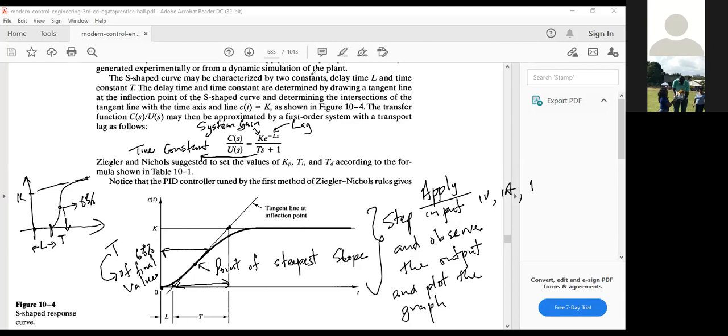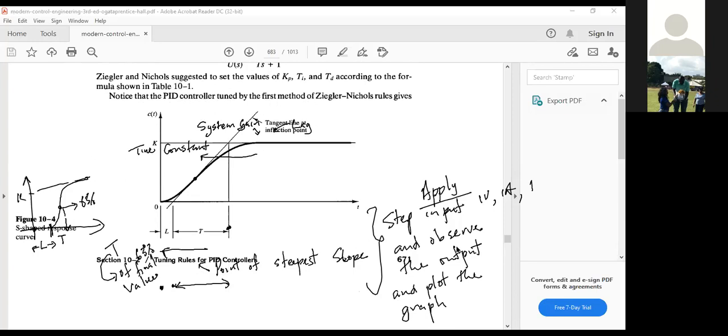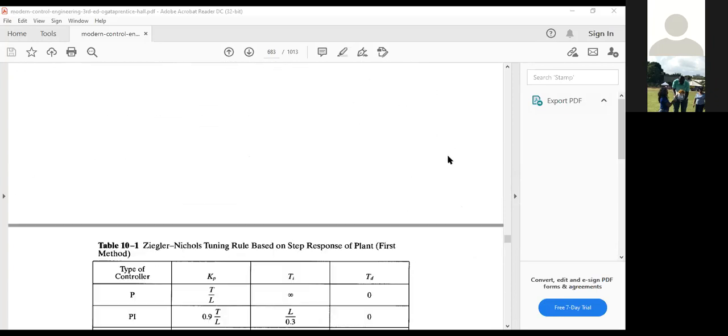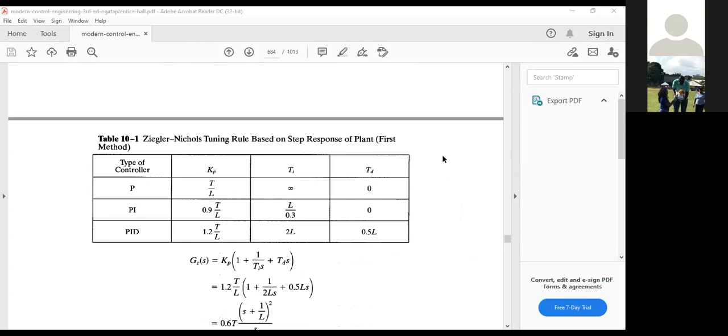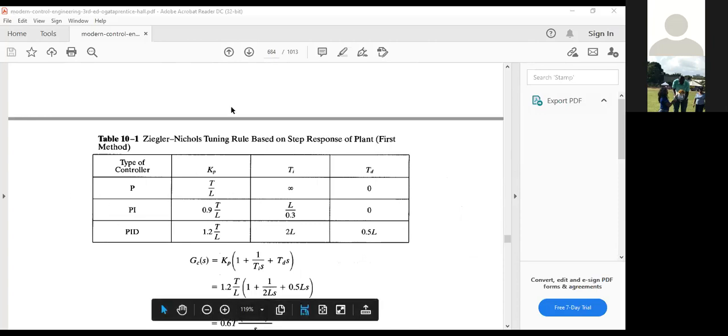So that was what the discussion was about last week. We had said that you could pick your controller.